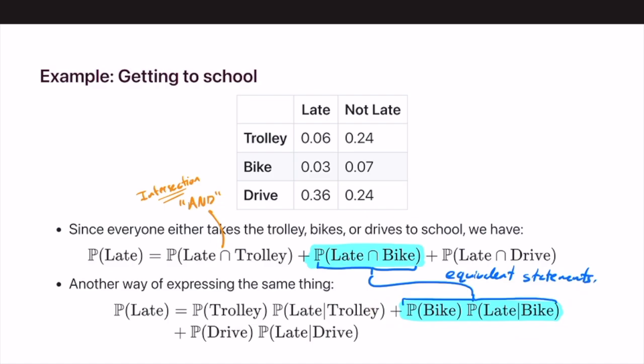So it's no longer just the probability of late and you took the bike. It's now the probability of having taken the bike multiplied by late given bike. So it's conditioned on the fact that you took the bike, because this probability of being late is conditioned on the fact that you took a bike.